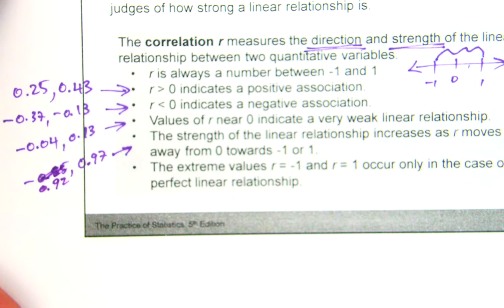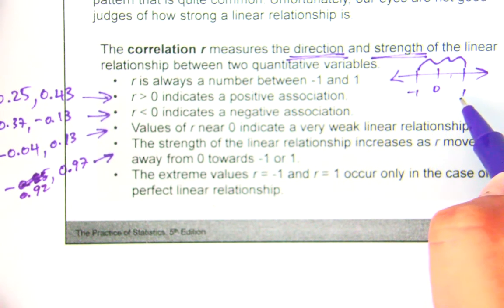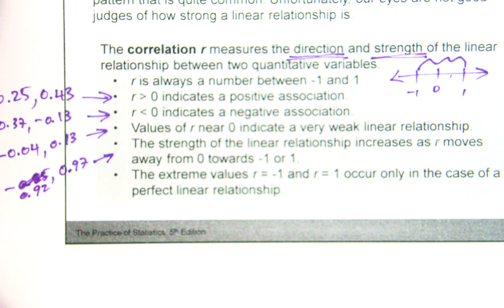All right, so the closer you are towards -1 and 1, the stronger your association is going to be, or I should say your strength and your form. And the closer you are to 0, the weaker your association.